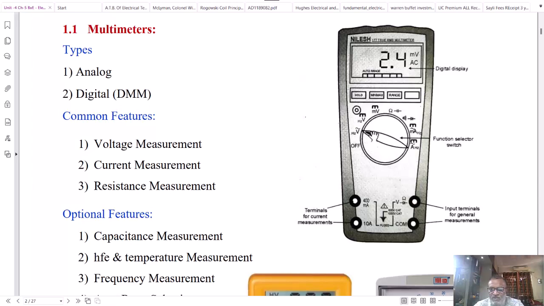Then the second position is for AC voltage measurement, then DC voltage measurement, then millivolt DC voltage measurement. The next position will be the resistance measurement or capacitance measurement. The next position is a diode testing function or the continuity tester. Then there is a milliampere measurement and ampere measurement. Those are AC ampere measurement. This particular meter lacks the facility of DC current measurement.